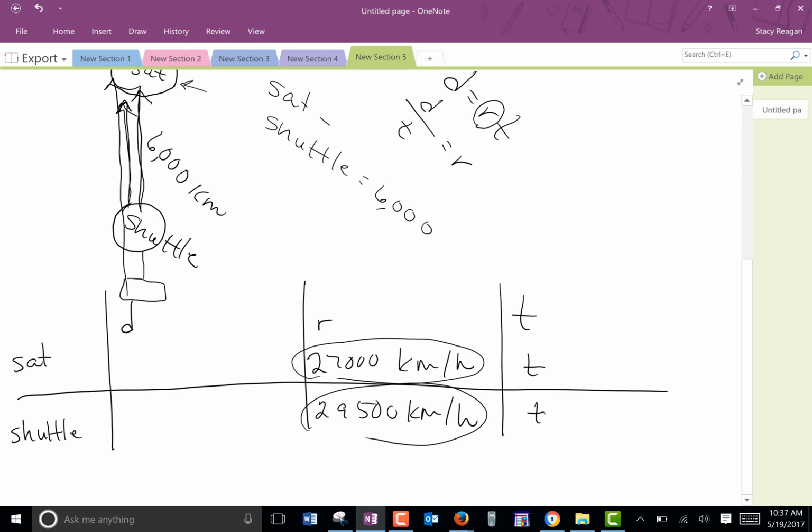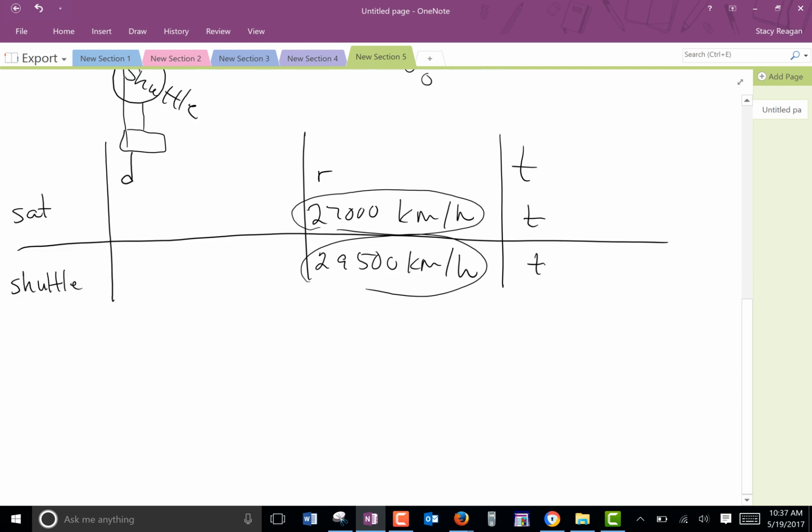So when we're looking at this and trying to figure out which one is bigger in order to do subtraction, a difference is subtraction, but we've got to figure out which one gets subtracted from which one. Since the shuttle ends up having to go further because it's traveling faster to go to the same place, it is the bigger distance.